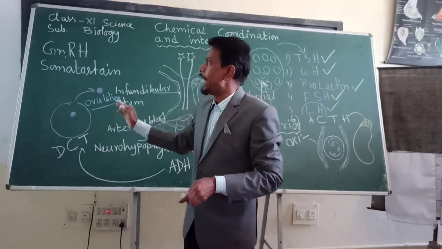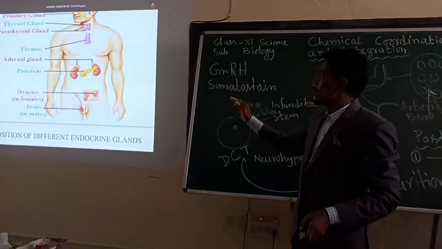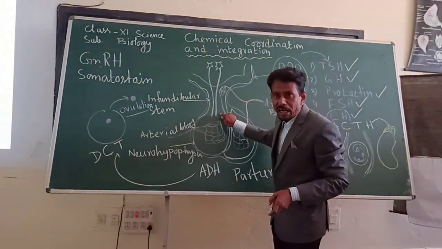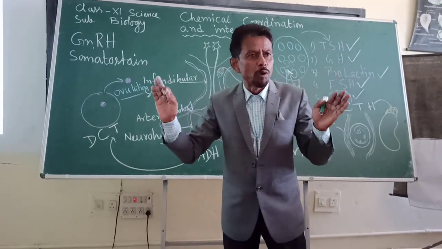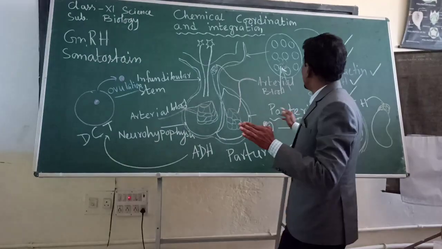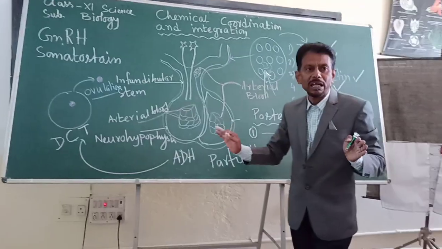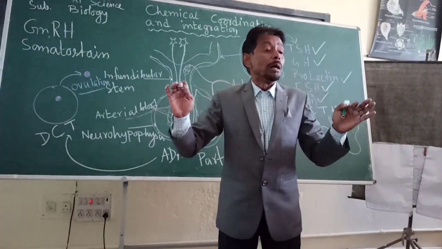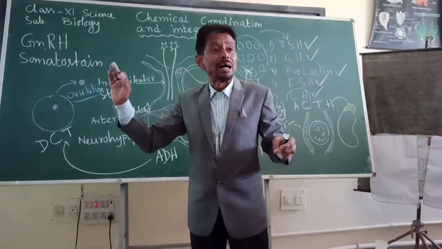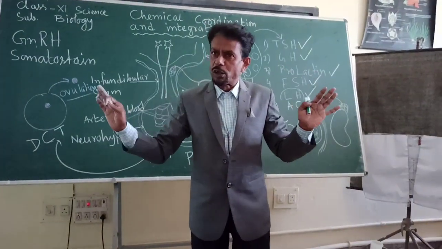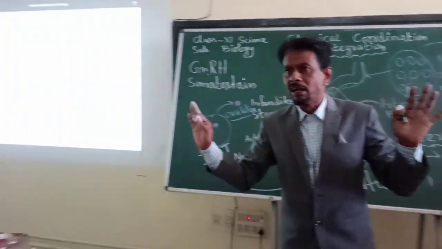So today I have mainly focused on the master gland, the pituitary gland, and its hormone production, and how it regulates different activities, how as a tropic hormone it stimulates the function of other glands. Is it clear to you? Any question?